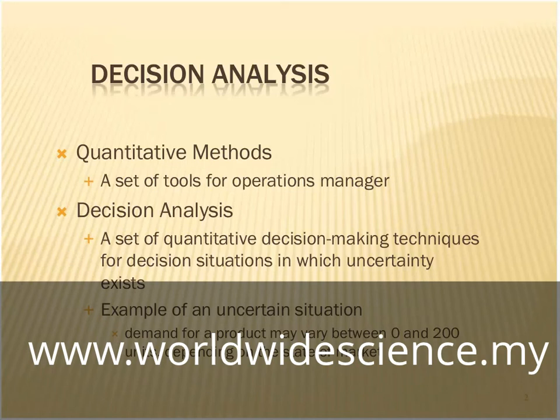This is the one thing that can make any operation manager concerned about the future of this selecting option. So as I told you, today we want to discuss the tools that can help you.